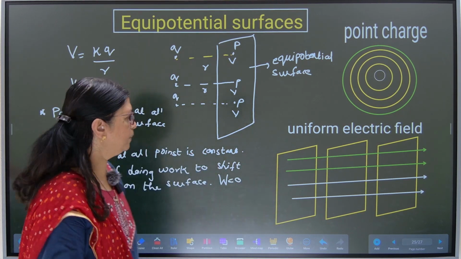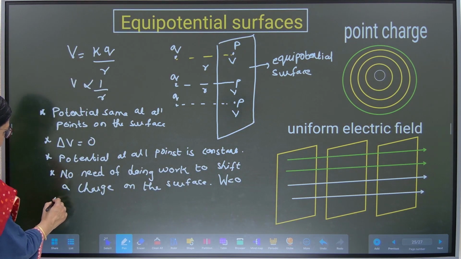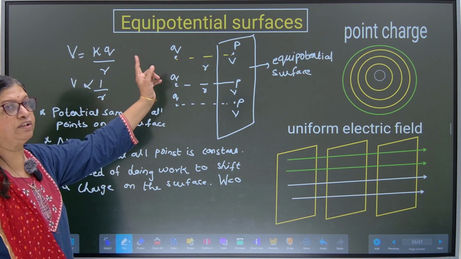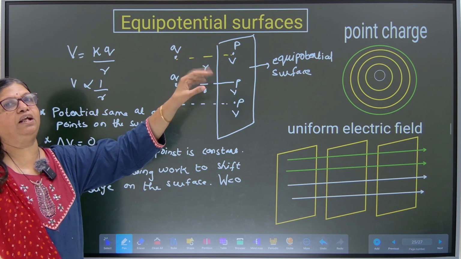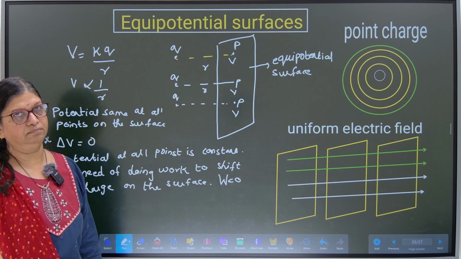Okay. Then one more point to remember: without charge, there is no electric field. If there is no electric field, then there is no potential. Agreed?